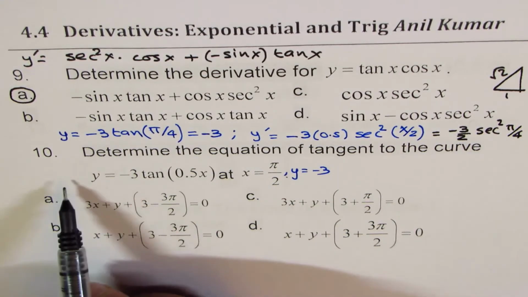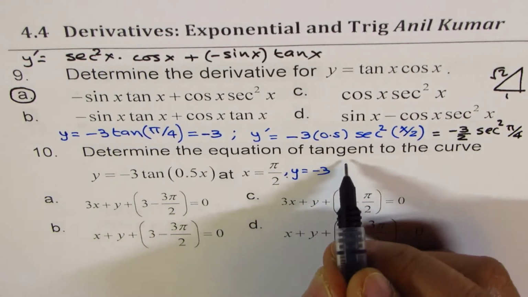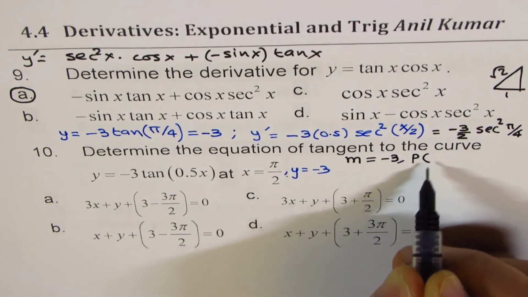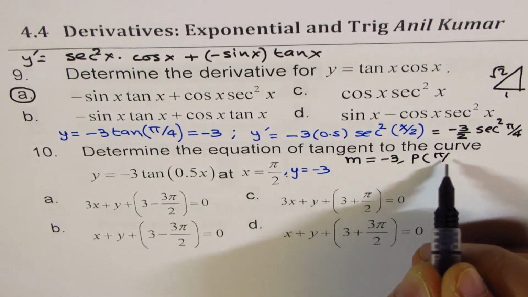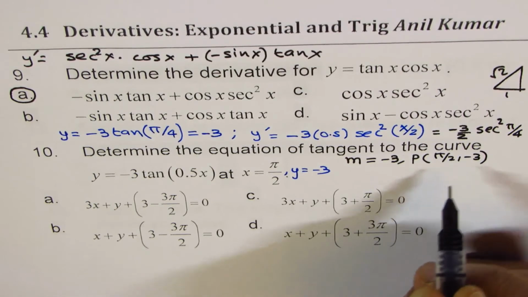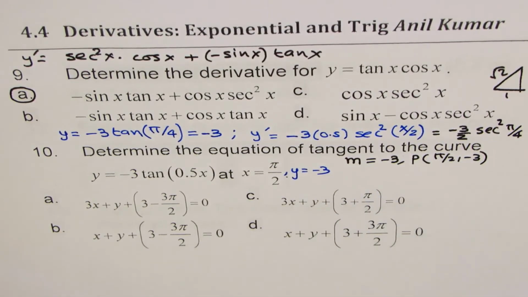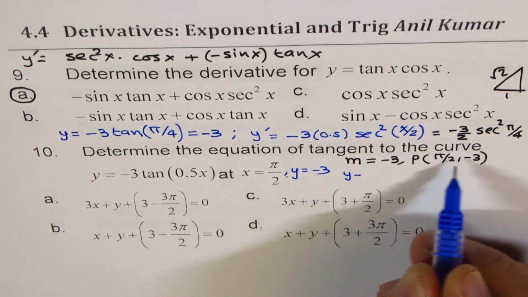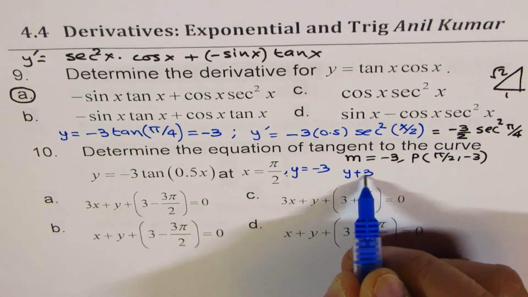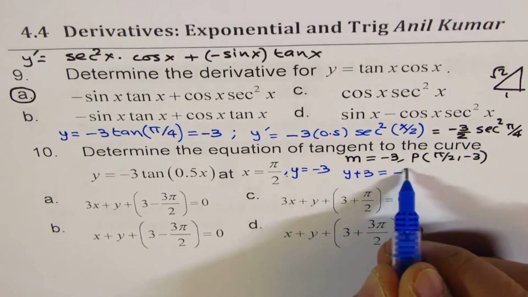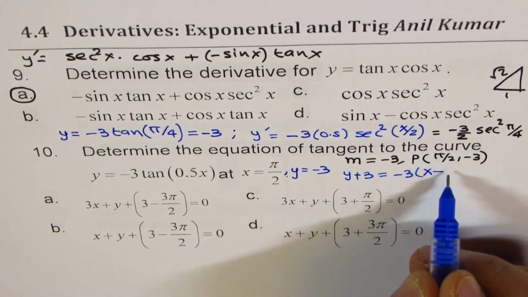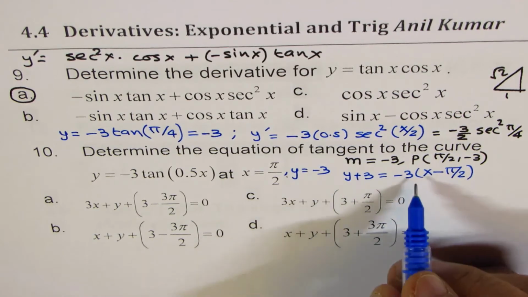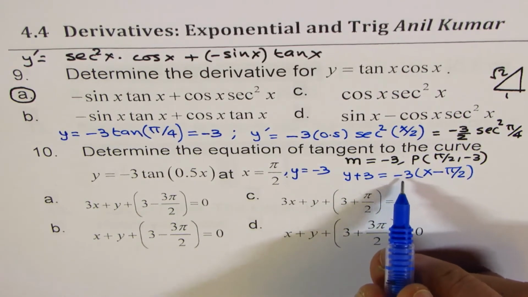So to find the equation of the tangent line, we are looking at a slope of minus 3, and the point is pi by 2, minus 3. So that gives you the equation, which is y minus y1. So minus 3 makes it plus 3, equals m, which is minus 3 times x minus pi by 2. Bringing these terms to the left side, this becomes positive.